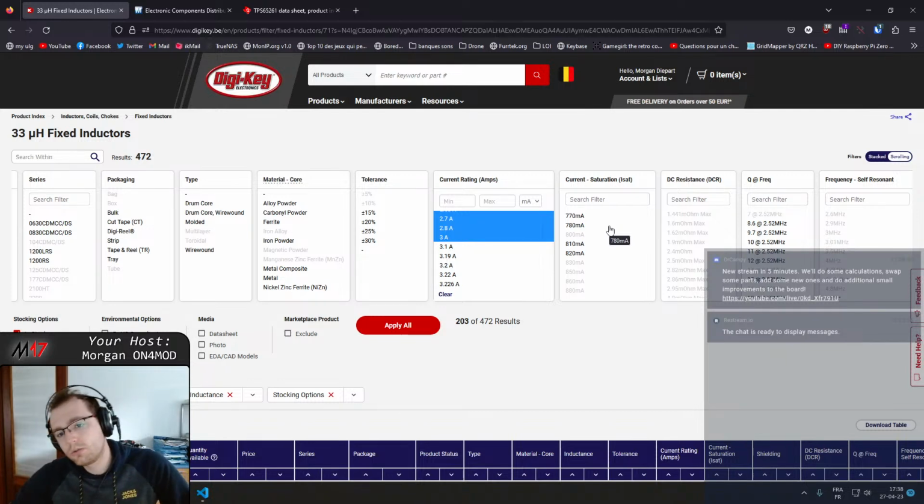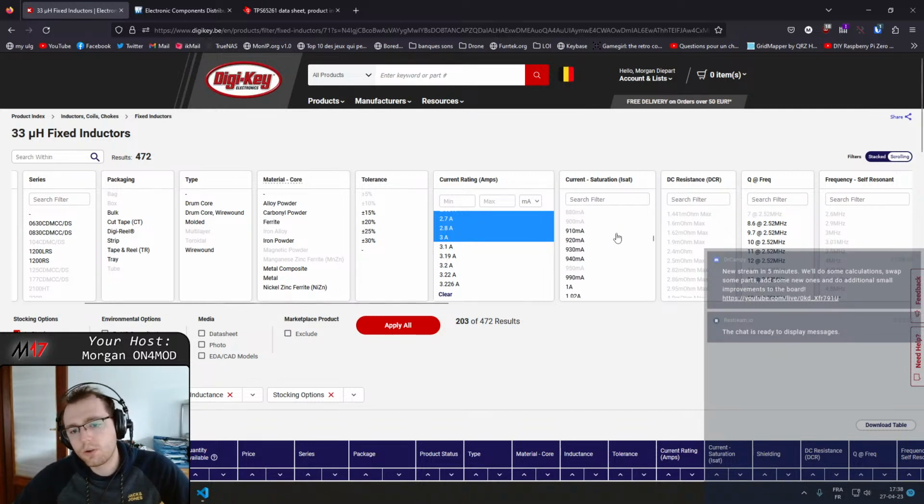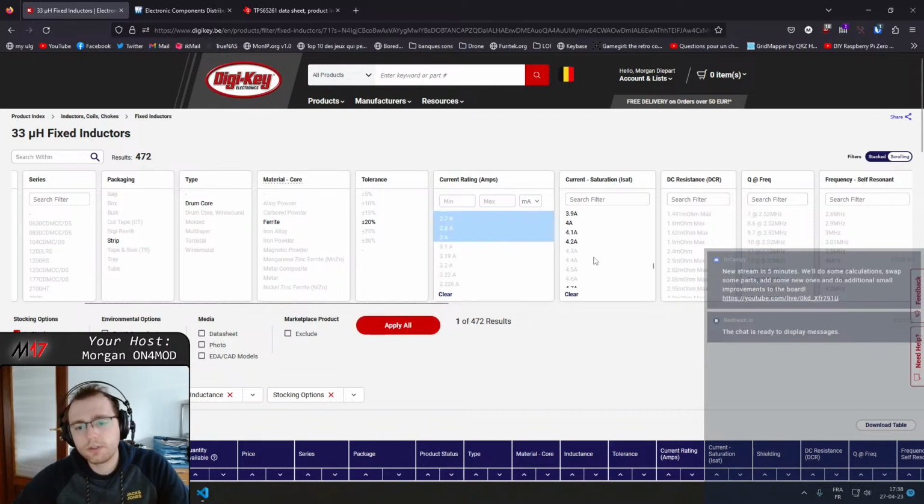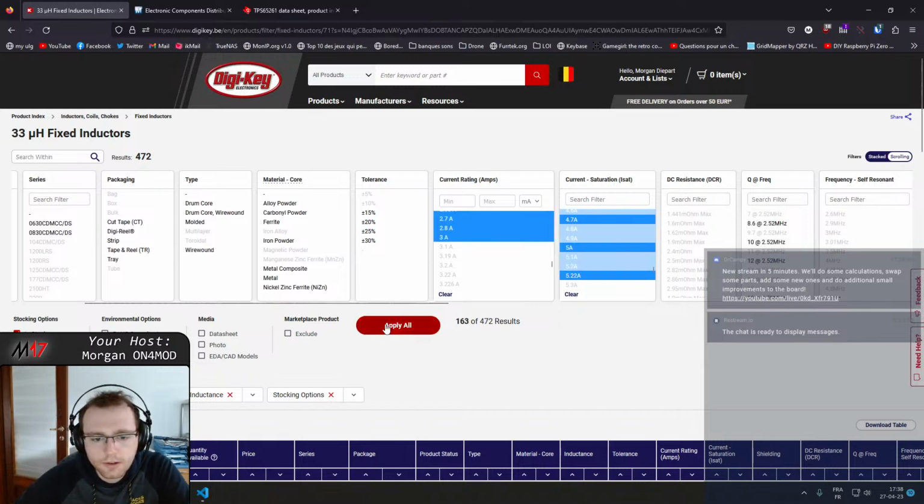And then you reduce your inductance by quite a lot. So we want that to be higher than the current that we expect. So let's pick about 802, and then we can go as high as the maximum that they have here.